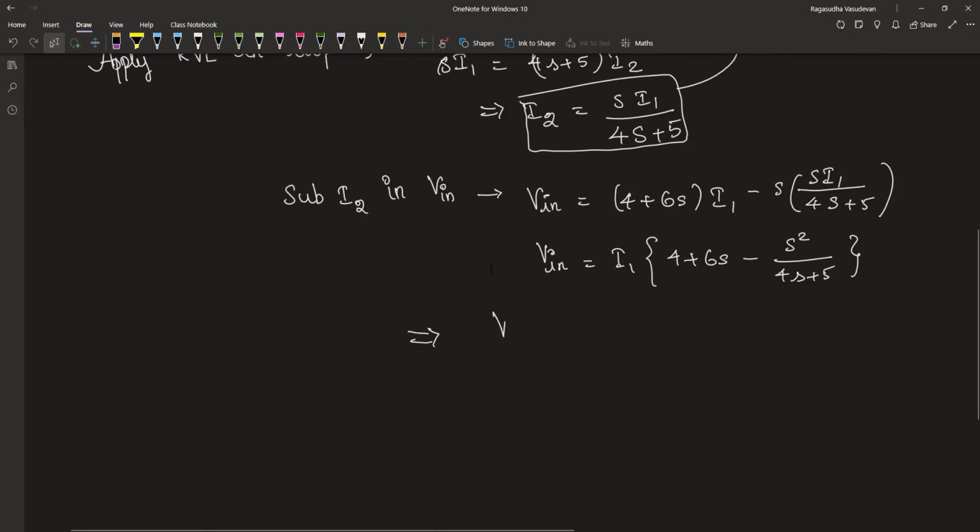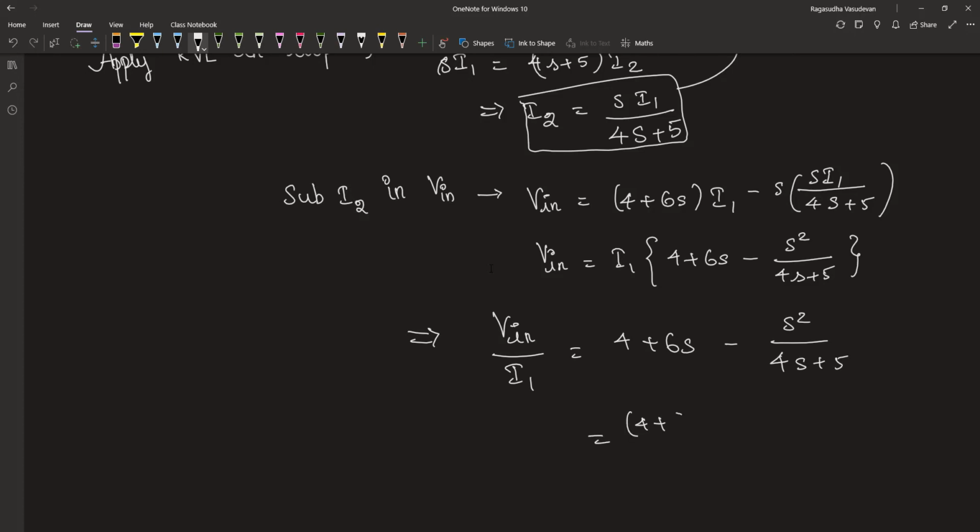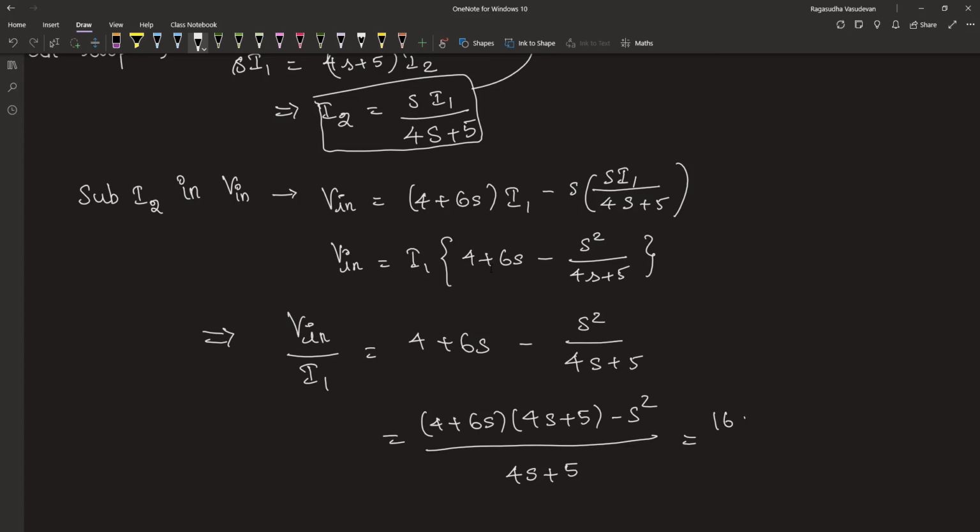So this implies that Vin divided by I1 will become 4 plus 6s minus s square divided by 4s plus 5. So when we take LCM, we will get the terms 4 plus 6s times 4s plus 5 minus s square divided by 4s plus 5, which is 16s plus 20 plus 6 into 4 is 24, 24s square plus 30s minus s square divided by 4s plus 5.